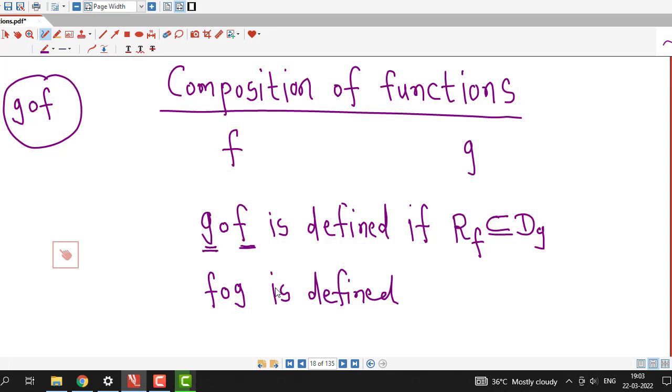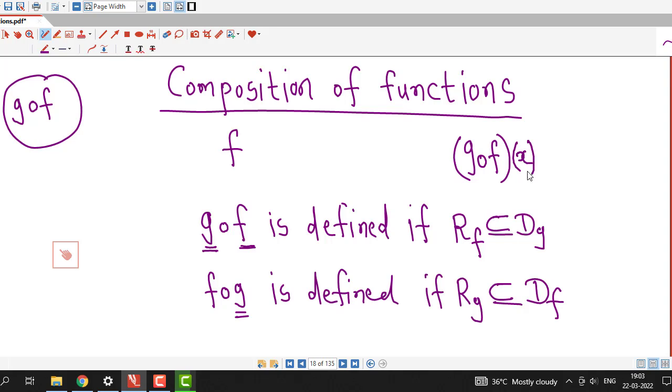So here we have interchanged f and g. So this is defined if range of g is a subset of domain of f. And the definition is simple. Value of g∘f at point x is given by g(f(x)).